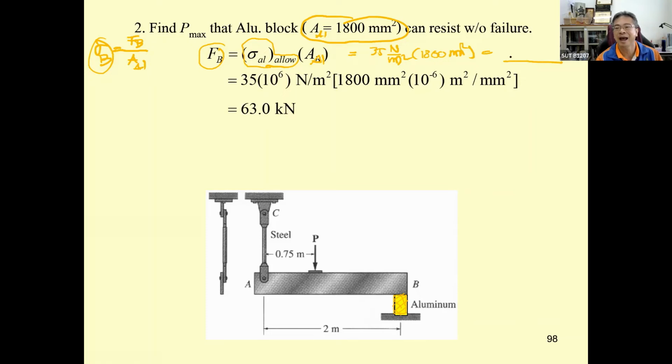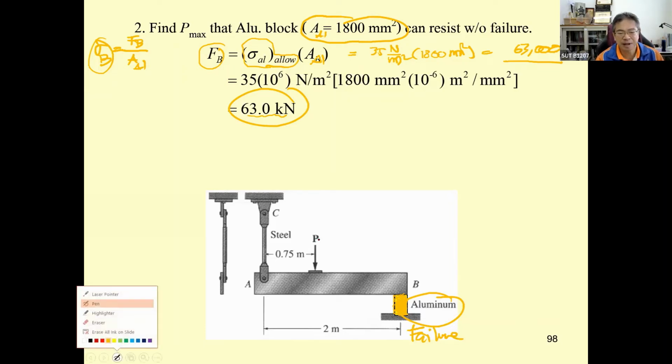This is supposed to be 63,000 Newton, and then the answer is here. So you cannot use it yet, because this is the force that causes the failure, 63.0 kilonewton, causing the failure of the aluminum block. But it's not the force P yet.